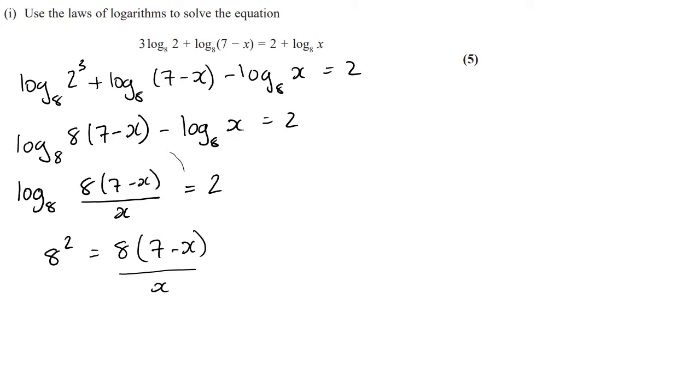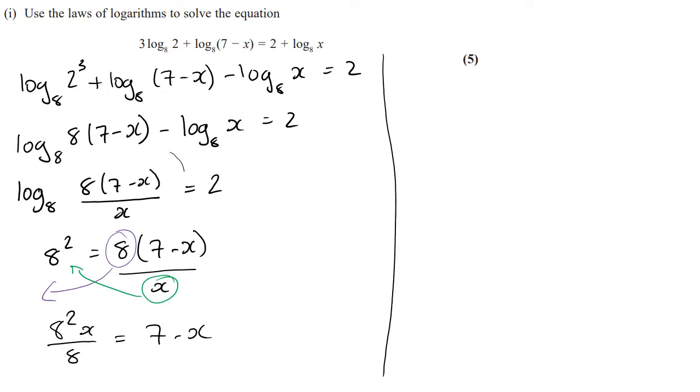You can divide straight away by the 8 on the other side, because it is times here, you can bring that underneath, so that it saves you doing 8 squared is 64 and then dealing with it that way. We can also move the x up to the other side, so that we have 8 squared x over 8 equals 7 minus x.